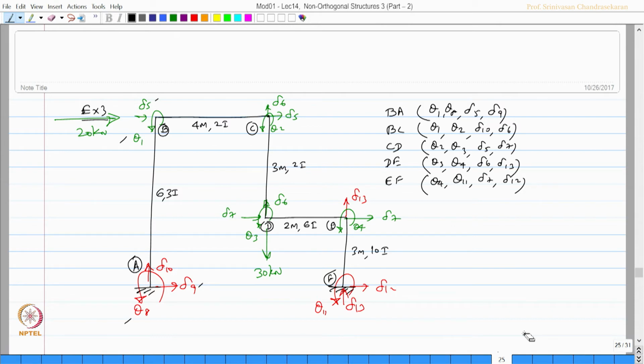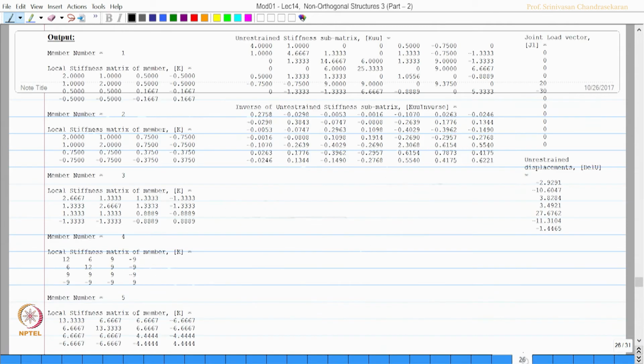So, we wrote a program, used the same program, gave the input appropriately and developed the answers. So, this is the stiffness matrix of the first member. There is a multiplier of EI to this. The second member, multiplier of EI to this, which is exactly matching what we derived in the previous lecture.